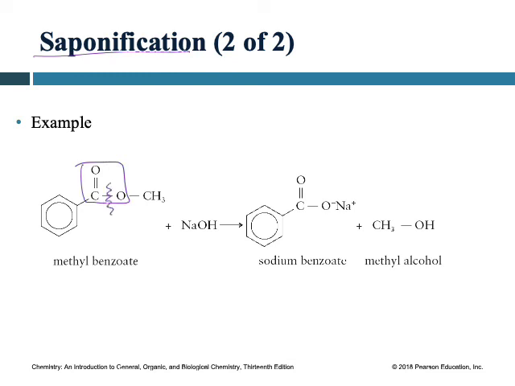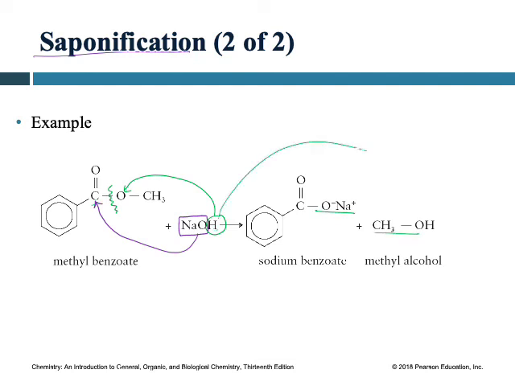In the presence of a strong base in the process of saponification, NaO is going to attach to the carbonyl group, and the hydrogen is going to go with the oxygen. So your product will be ONa with the carbonyl group and then CH3OH. So you're going to make a salt.